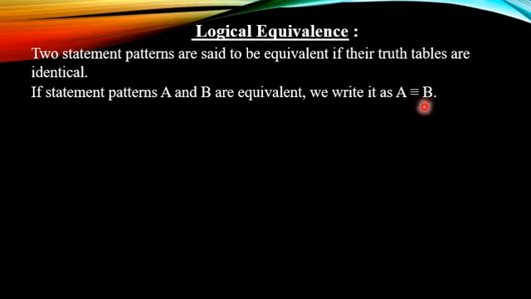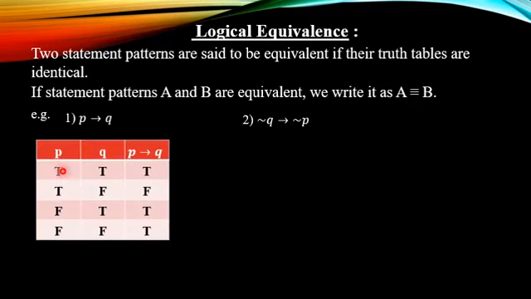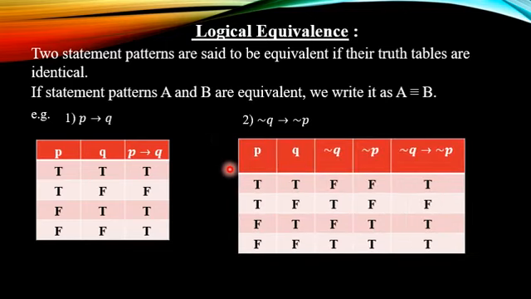Two statement patterns being logically equivalent means they have the same meaning. For example, let us consider two statement patterns. First one, P implies Q, and second one, negation Q implies negation P. The truth table of P implies Q is this one, and the truth table for negation Q implies negation P is this one.